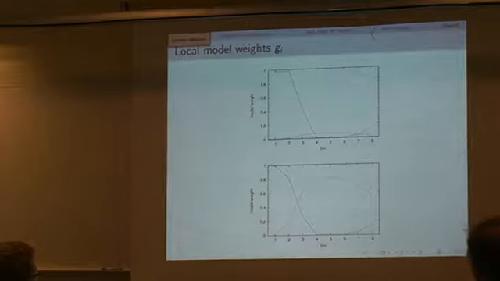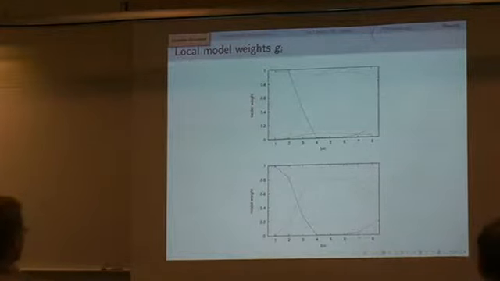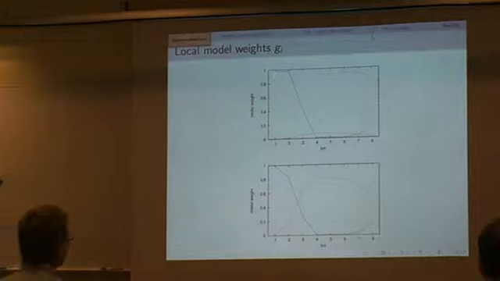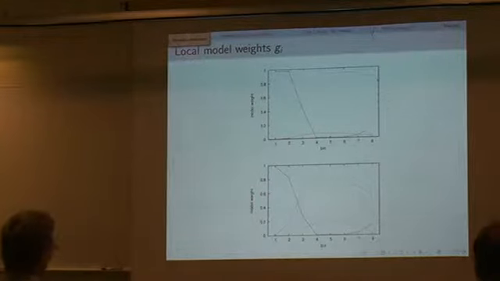That's the model weighting, so these state-dependent weights g_i. That's the local weight of the 3 models. The upper panel is when delta X is negative, and the lower panel is when delta X is positive. For negative delta X, if X is small, it's almost only model 1. Then for negative delta X the other model is model 3.